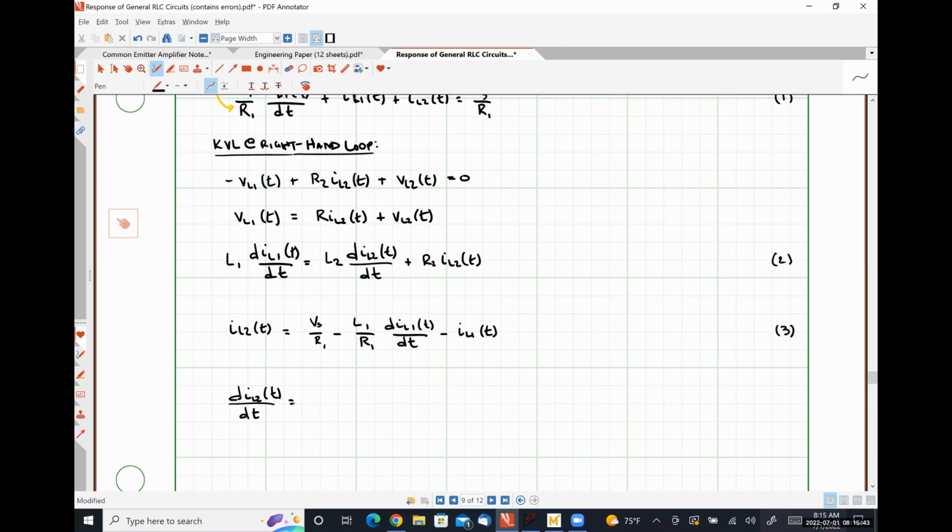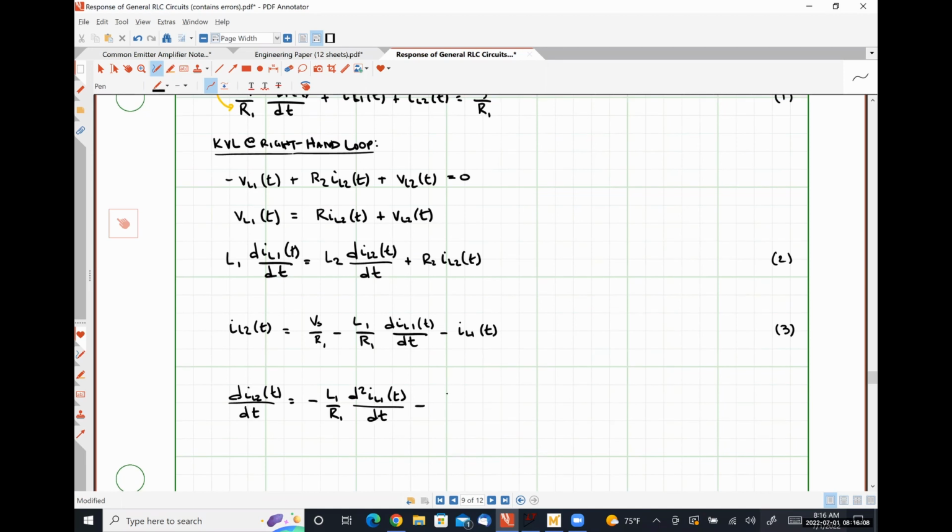Then I'm going to have the derivative of negative L1 over R1 times the first derivative of IL1. So when I take the derivative of that, it's going to look like the second derivative. And now I'm going to have minus the derivative of IL1. So minus dIL1 by dt. Let's call this equation number 4.